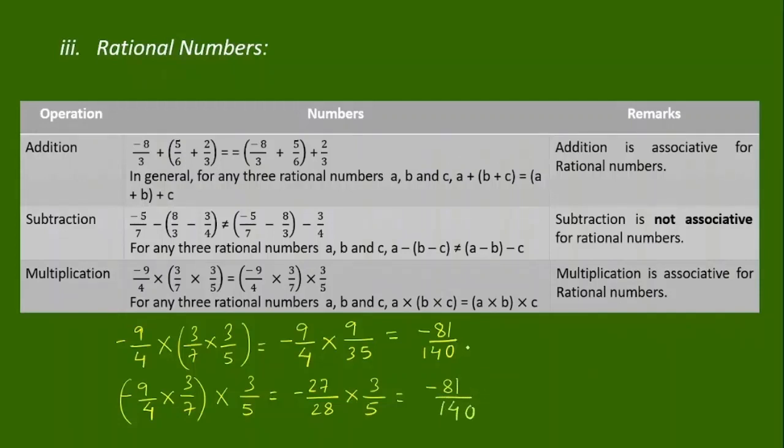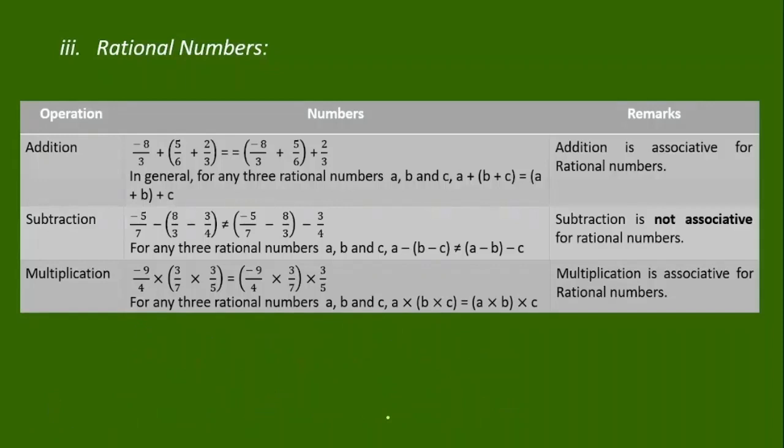So you can see that LHS also we are getting minus 81 upon 140, and on the RHS side also we are getting minus 81 upon 140. So both are equal. So we can say that for multiplication operation, a into b into c inside the parenthesis is equal to a into b inside the parenthesis into c. Okay, so multiplication is associative for rational numbers.